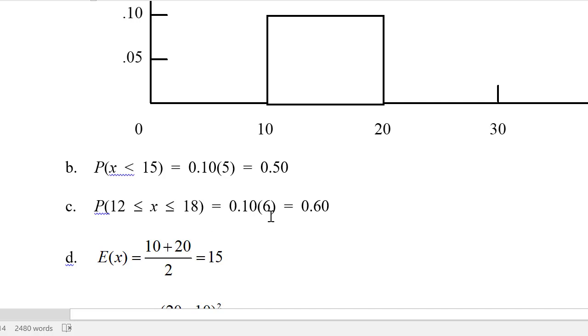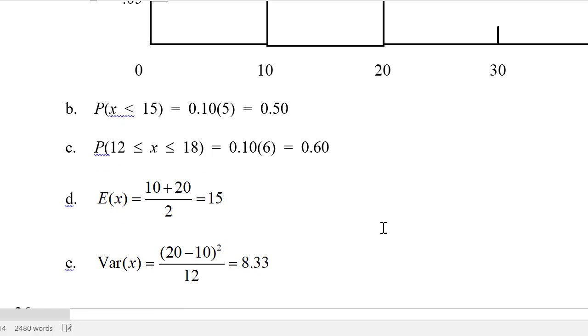So I'm looking at 0.1 times 6. Part D, the expected value is the beginning plus the end divided by 2, which is 15. And think about that as the midway point. Again, Part E, the variance of x is 20 minus 10 squared divided by 12, which is 8.33. Just using the formulas from the book.